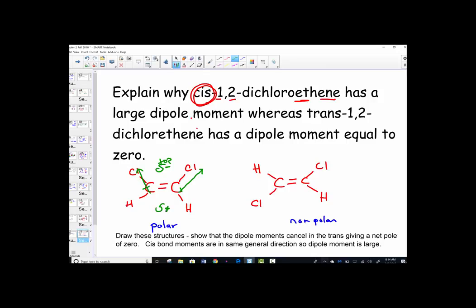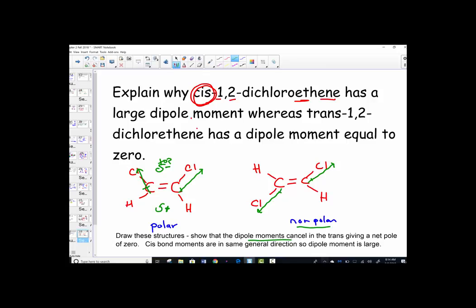In the trans configuration, I see the electron distribution heading down and the opposite but equal pull heading up. So they're being pulled in opposite directions equally, creating an overall equal distribution of charge, therefore a nonpolar molecule.